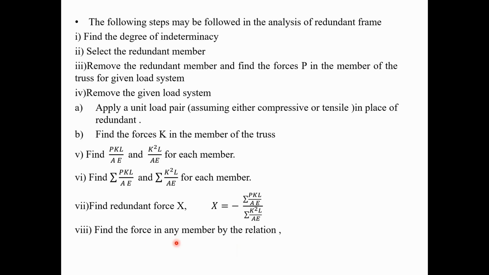After that, find the force in any member of the truss by the relation S is equal to P plus Kx. So this is the general procedure you have to follow for finding out the member forces in the redundant structure.